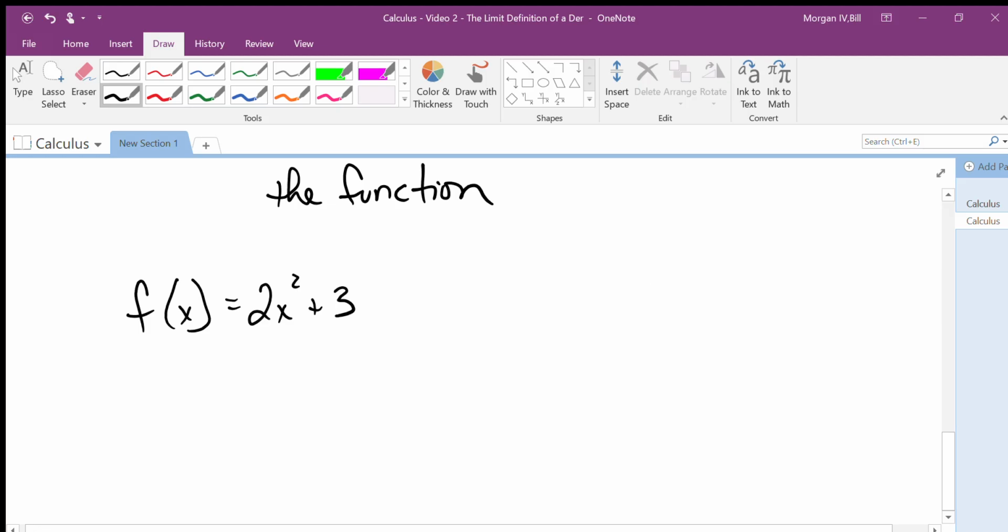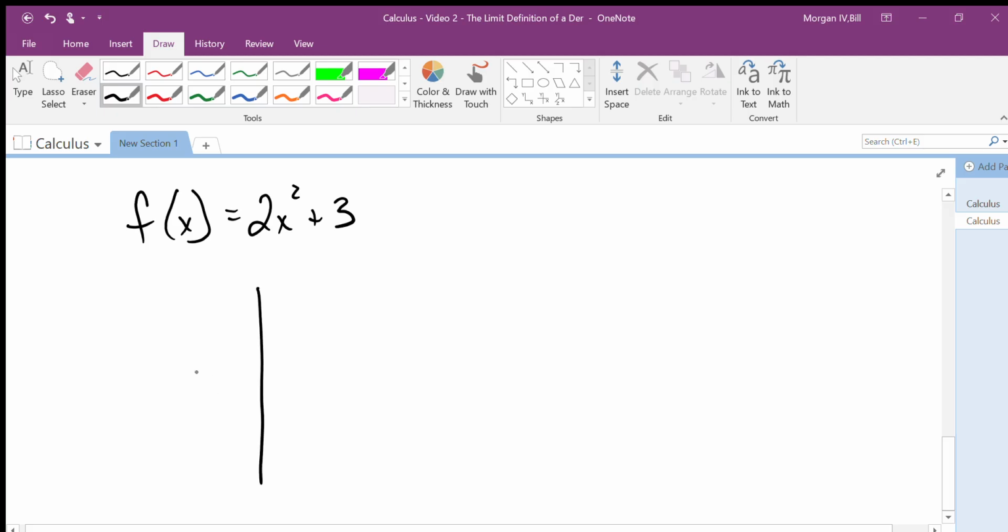It's the x squared function moved up by 3, kind of like that. And let's look at the point 1, 5. If you plug in 1 into that function, 1 squared is 1, times 2 is 2, plus 3 is 5, so we get the point 1, 5.